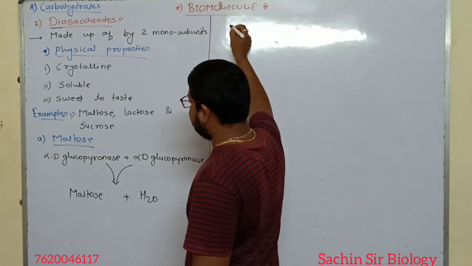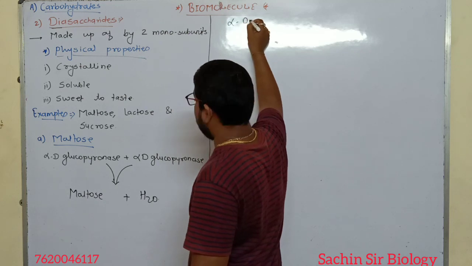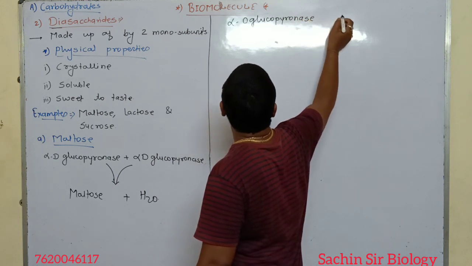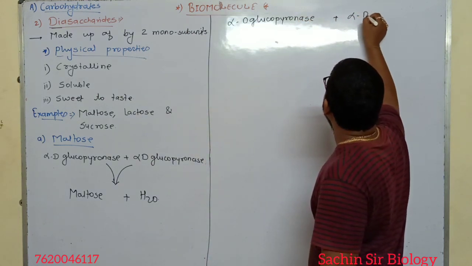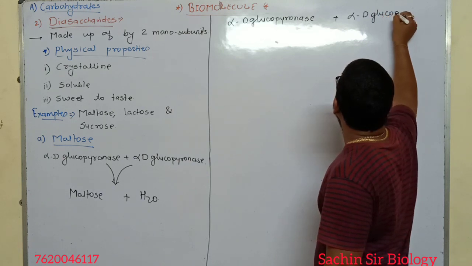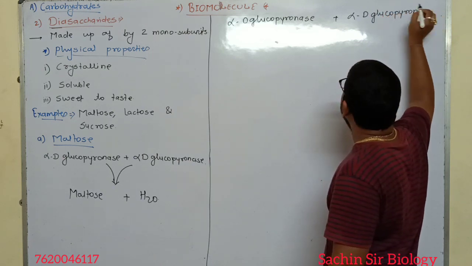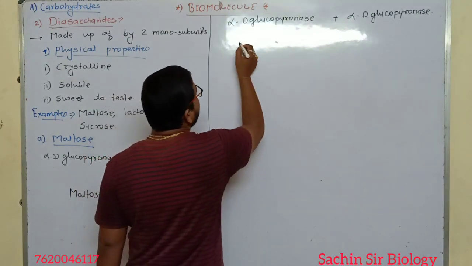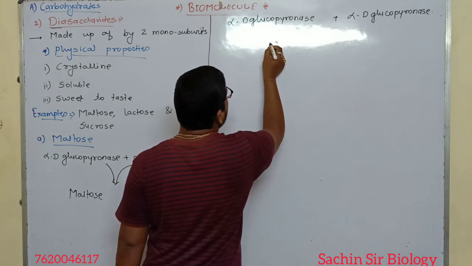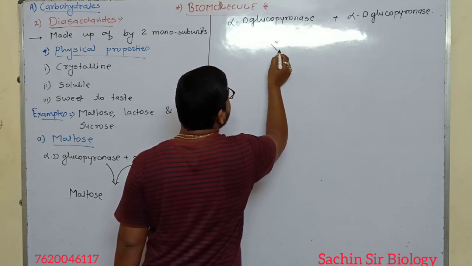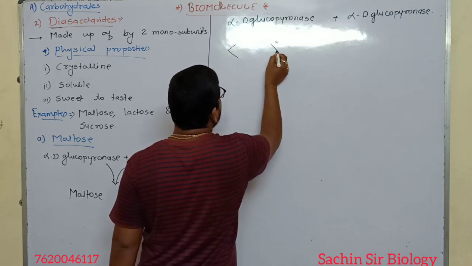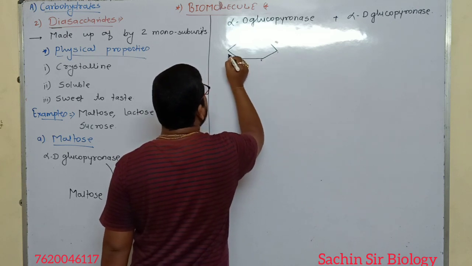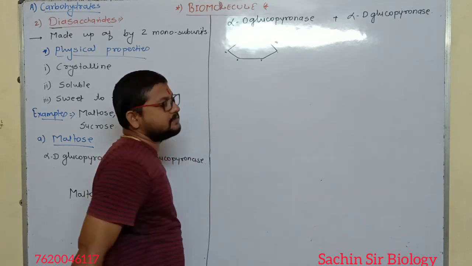So first is alpha D glucopyranose plus alpha D glucopyranose, 2 mole sugar units. What is the ring structure? It's very simple. It produces a pyranose ring. This is the ring structure. First carbon, second carbon, third carbon, fourth, and this one is the fifth carbon.